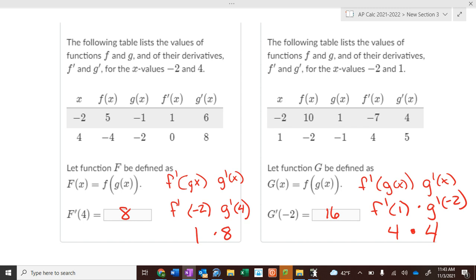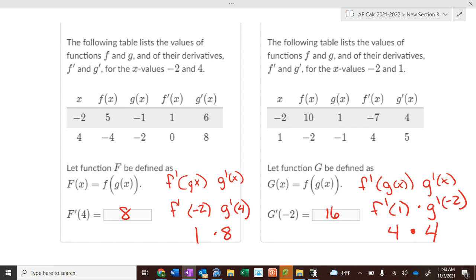So where are you getting the f prime of g of x, like the f prime at g of x, g prime at x? Because that g of x doesn't have a derivative symbol on it. Because it's the first derivative of the normal g of x.